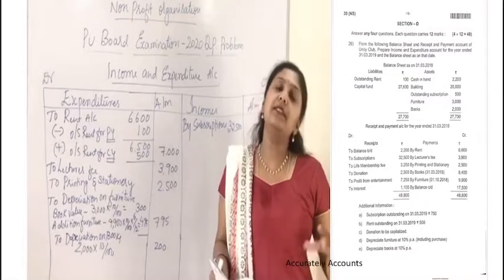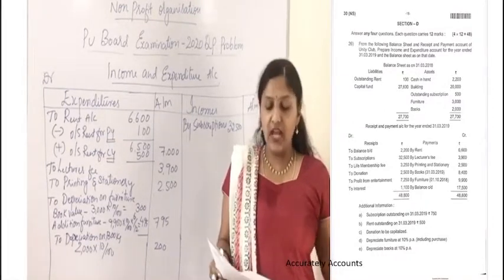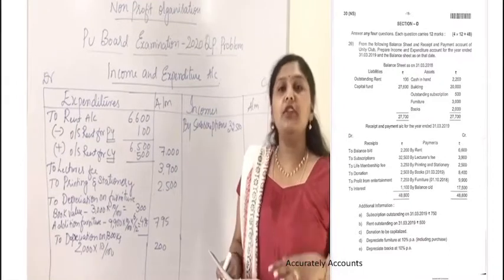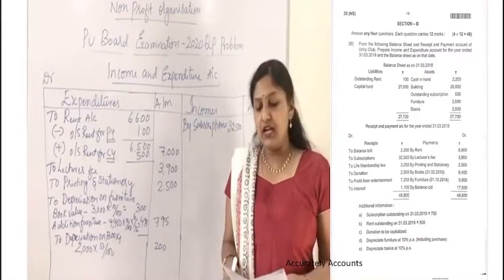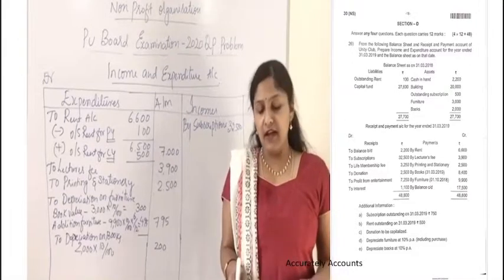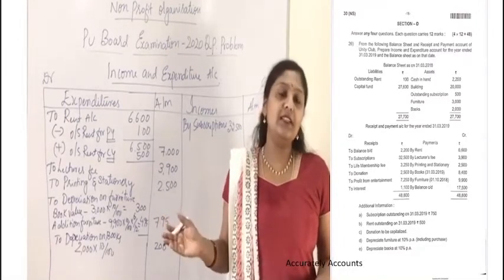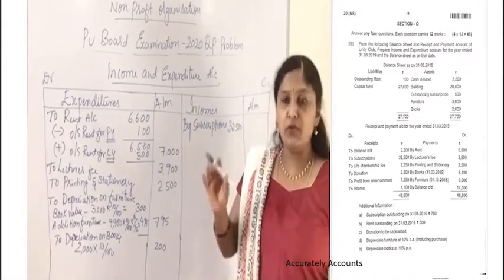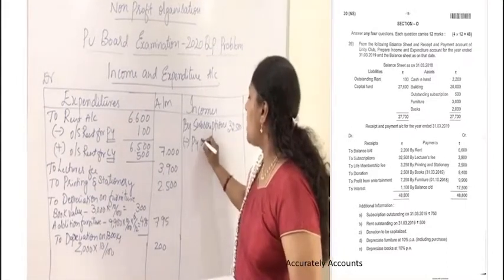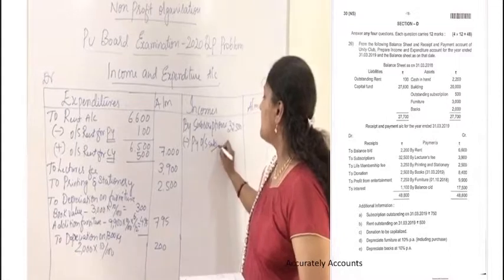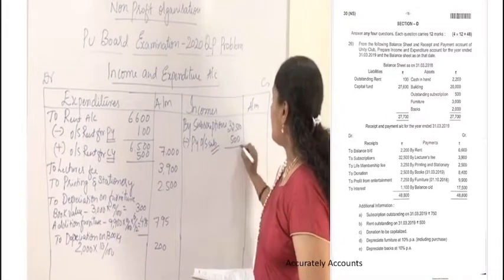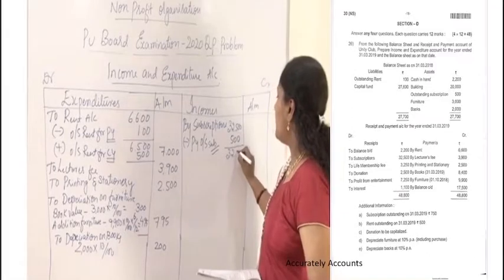One adjustment is given in the old balance sheet, and we can find another adjustment in the current year's adjustments. According to the old adjustment, there is an outstanding subscription of 500. So last year's outstanding subscription we need to minus. Minus previous year's outstanding subscription of 500, and the balance here is going to be 32,000.